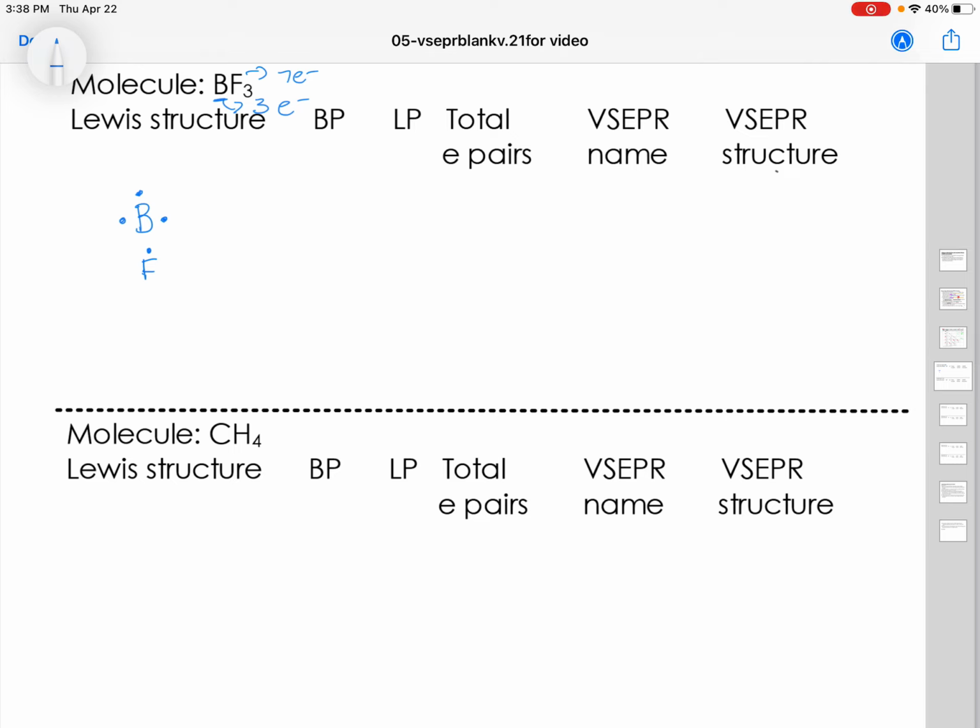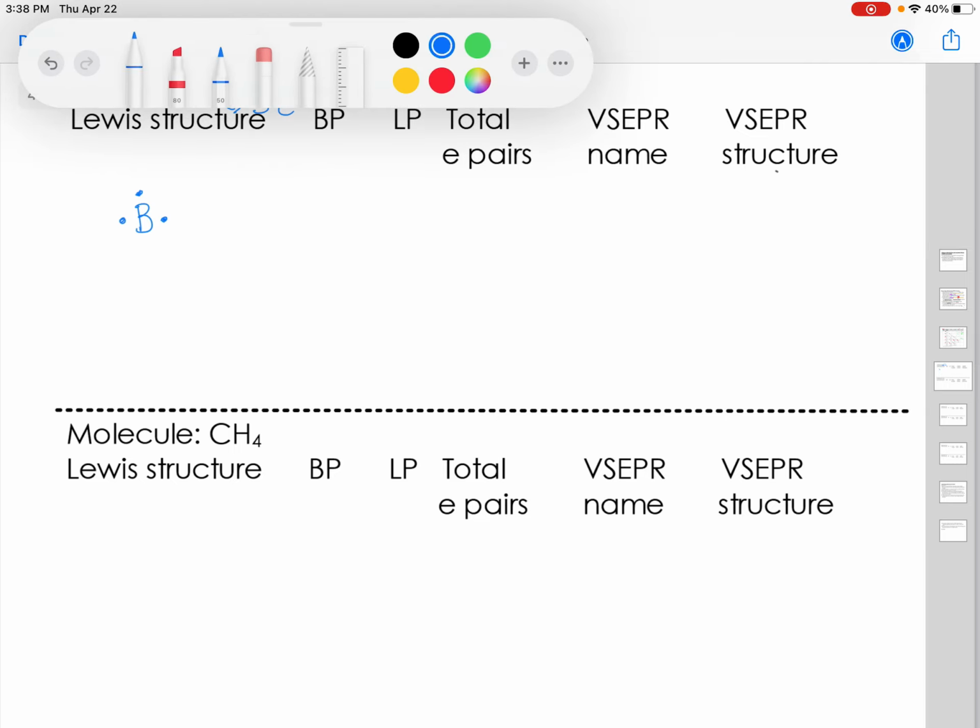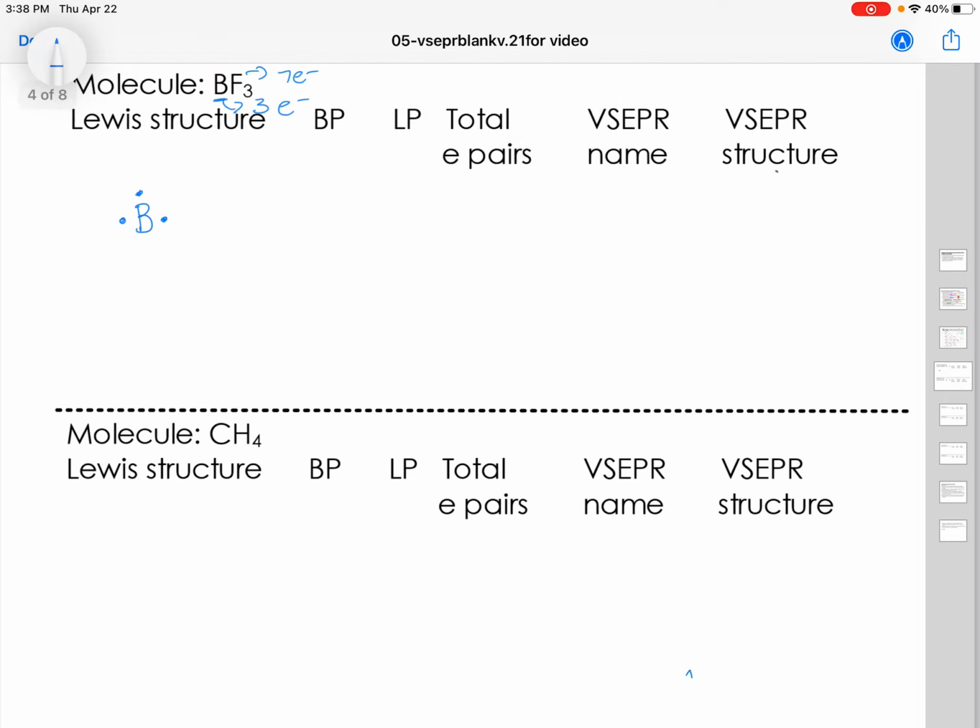What we need to know is how many it's going to share. You can still think of it like how many it's going to gain, if that's how your brain thinks of this. Fluorine only needs to gain 1, so that's the only one I'm going to draw. Why? Because it's not central, so it's not going to influence the VSEPR shape.